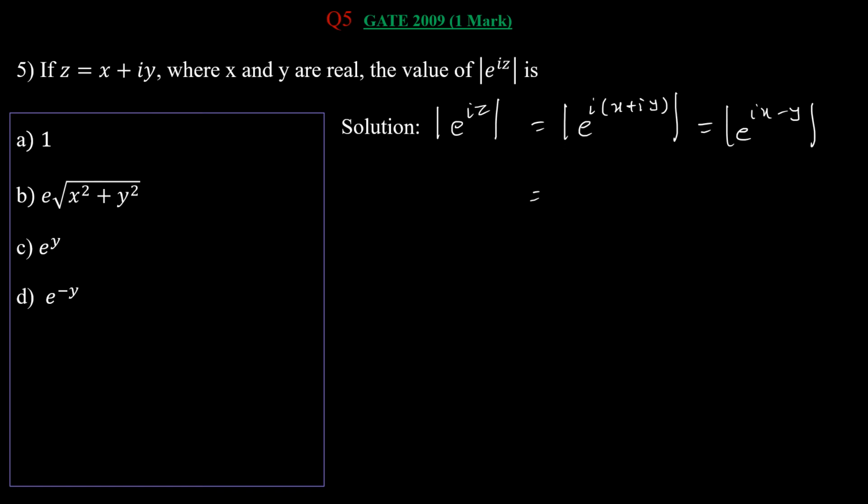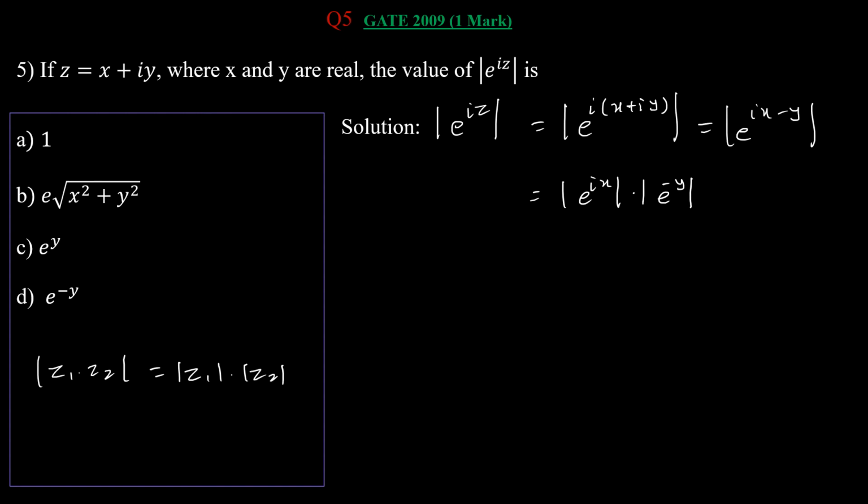So this can be written as mod of e to the power ix into mod of e to the power minus y. Because you know mod of z1 z2 is what? Mod of z1 into mod of z2. That property we have used here.